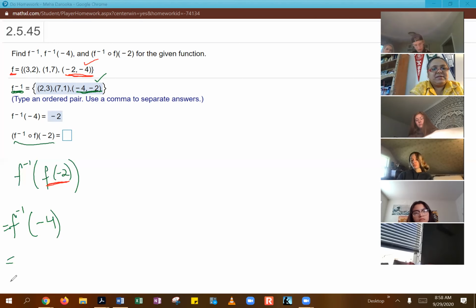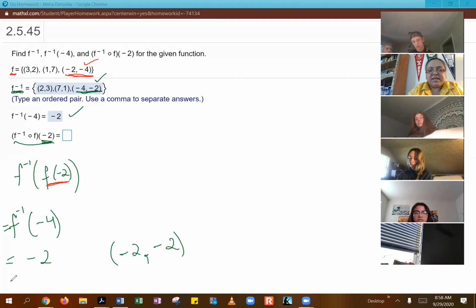Yeah, -2, because that's the same ordered pair you had over here. So you can see what happens here is originally we started out with the x value of -2. By the time we went through that calculation of our composition with these two functions, you actually come back with that same answer of -2.